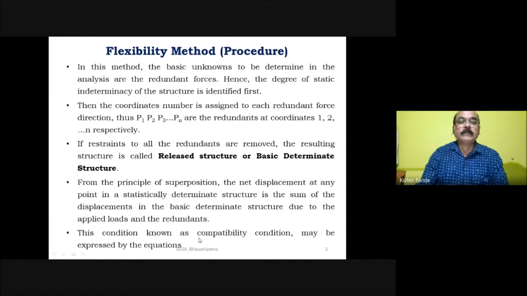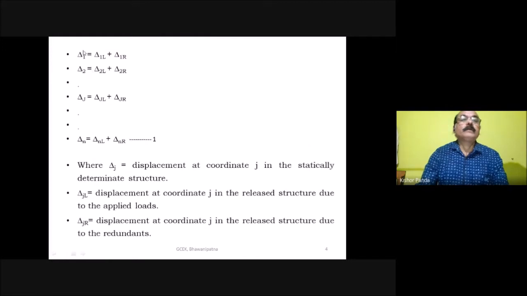This condition is known as the compatibility condition and may be expressed by the equations. This is the total displacement, this is the displacement due to the applied load, and this is the displacement due to the redundant forces. Similarly for delta 2, delta j and delta n.